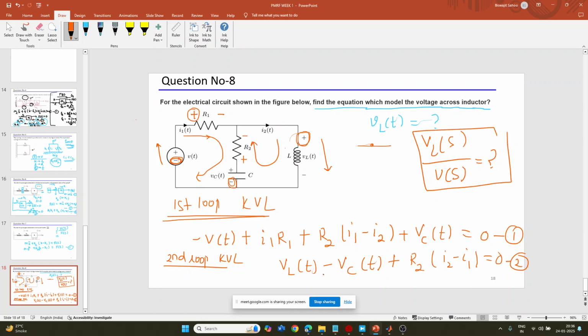Do the Laplace transformation of equation 1 and equation 2, and find the relation between the output voltage VL(t) whenever we apply an input voltage V(t). Can you do it by yourself?